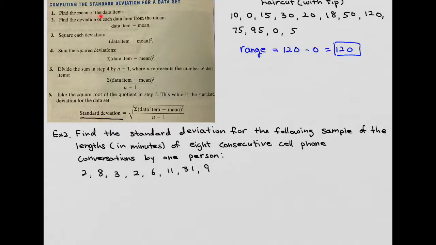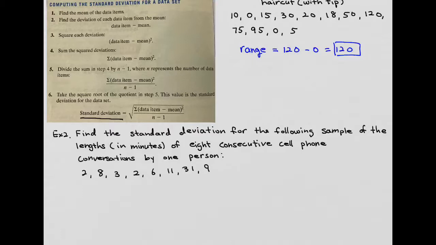Then take each data value minus the mean and square that number. Then find the sum of those squares, divide by the number of data minus 1, and take the square root. That's our standard deviation. Let's go through that.